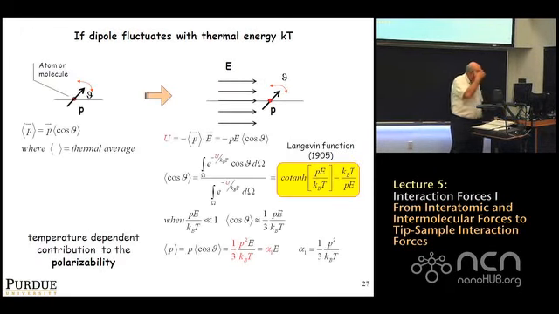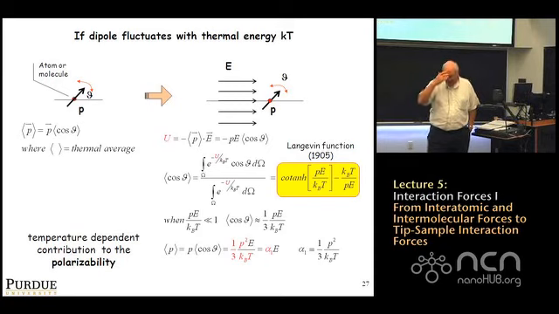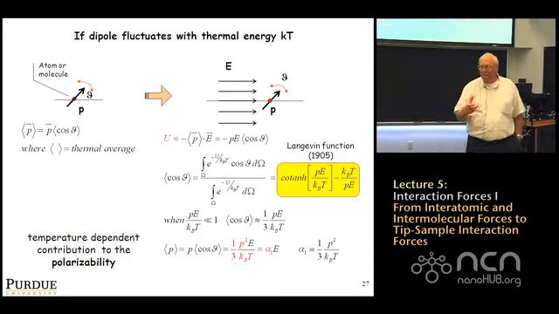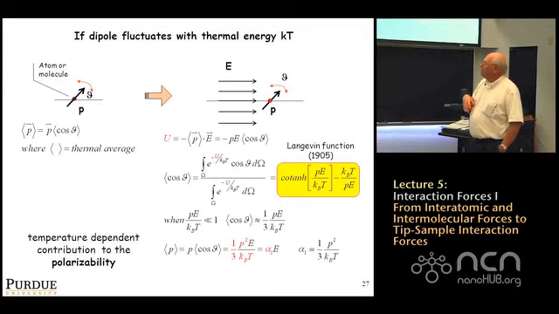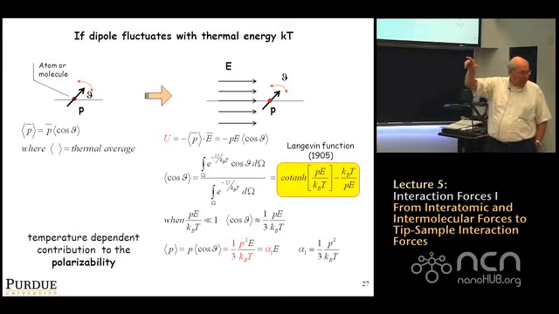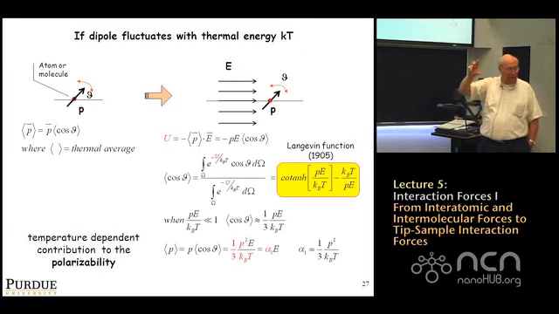we have to ask what happens if you induce a dipole moment by an electric field. The interaction energy is going to be P times E times the cosine of theta. This dipole moment is free to fluctuate with thermal energies, so we're going to have to do this thermal averaging process again.